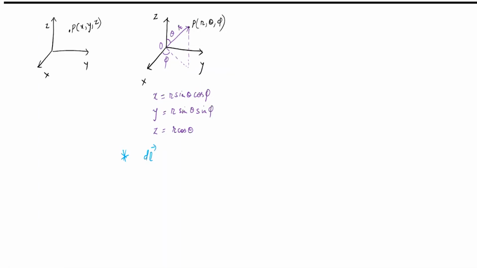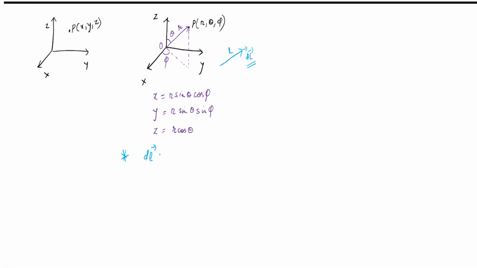Dl vector means, suppose you have a vector L here, and suppose there is some increment here, dl vector. So how can you express this increment in spherical coordinates? That is very important because most of the electrostatic numericals you can solve if you have a proper understanding of this expression of the incremental vector.